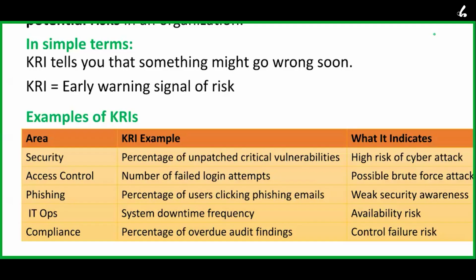Then IT operations, which is about systems or services going down frequently. IT operations depends upon the systems, which is about technology. If systems go down every day, that is a risk to the organization because they are losing money and not able to generate revenue. At the end, the company will shut down. Correct? So that is the monitoring we need to do in terms of KRI.